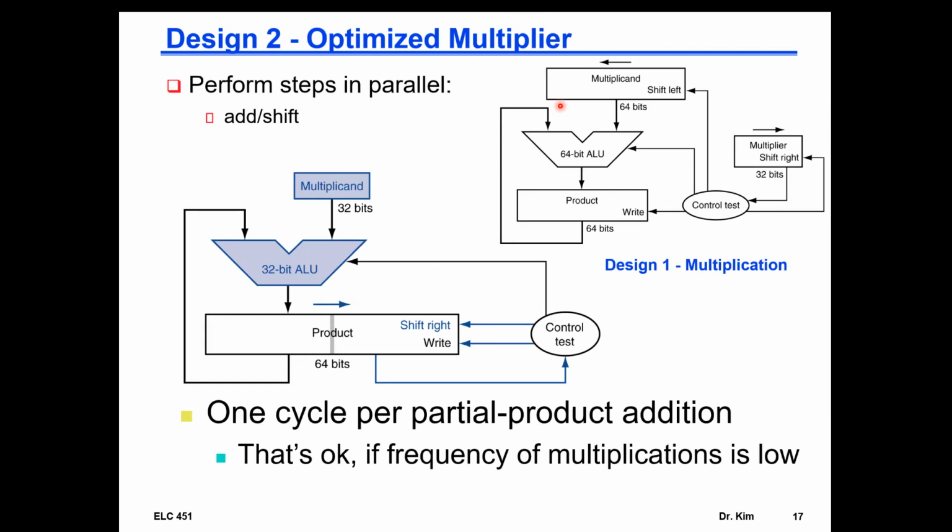Now we can look at that hardware and we can provide some optimizations. So we can look at the original that we had, and we can see that we have this storage over here that is empty to begin with, but it doesn't matter where we shift the 32 bits inside the 64-bit register.